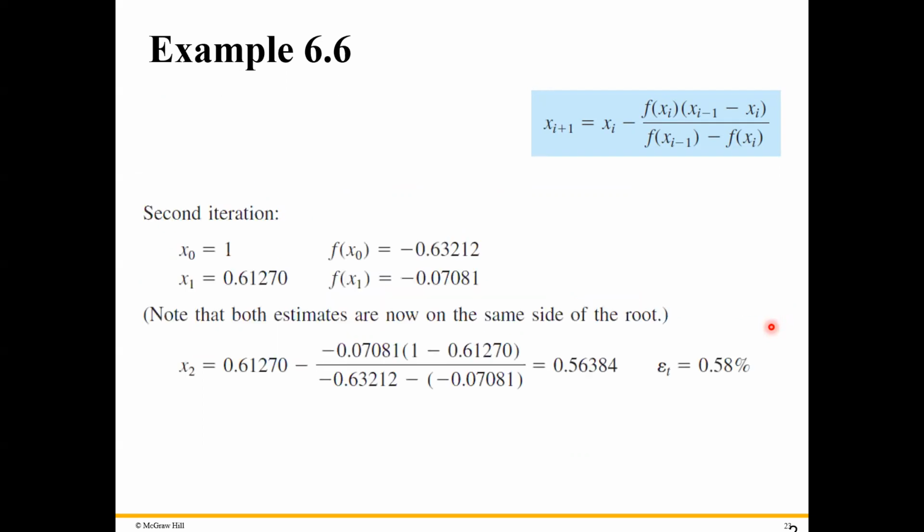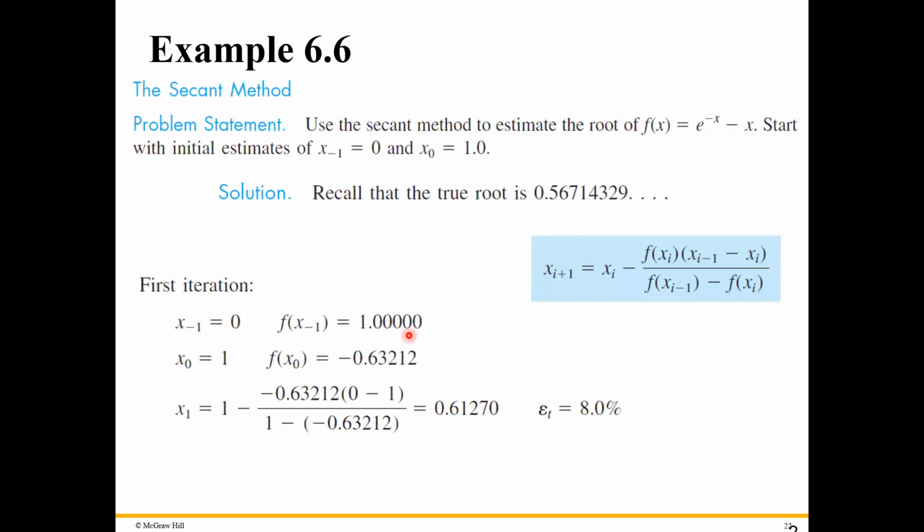But remember that in the first iteration, we have chosen the values x equal to 0 and x equal to 1 in such a way that they are bracketing, because f(x_{-1}) was greater than 0 and f(x_0) was less than 0.